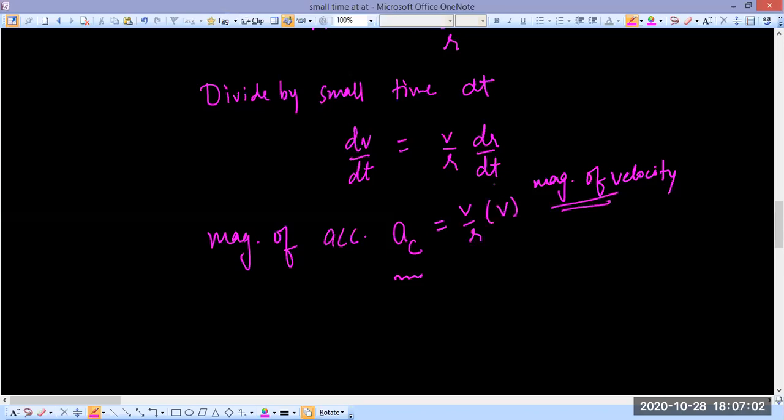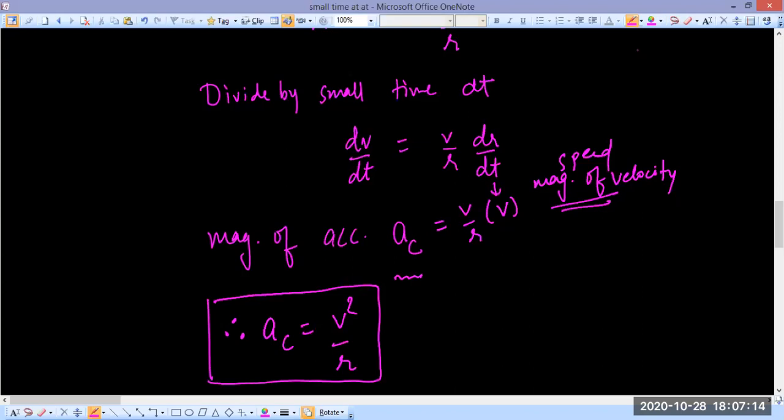The symbol of speed is V. So finally we get AC equal to V square by R. આમાં વેક્ટર નથી.